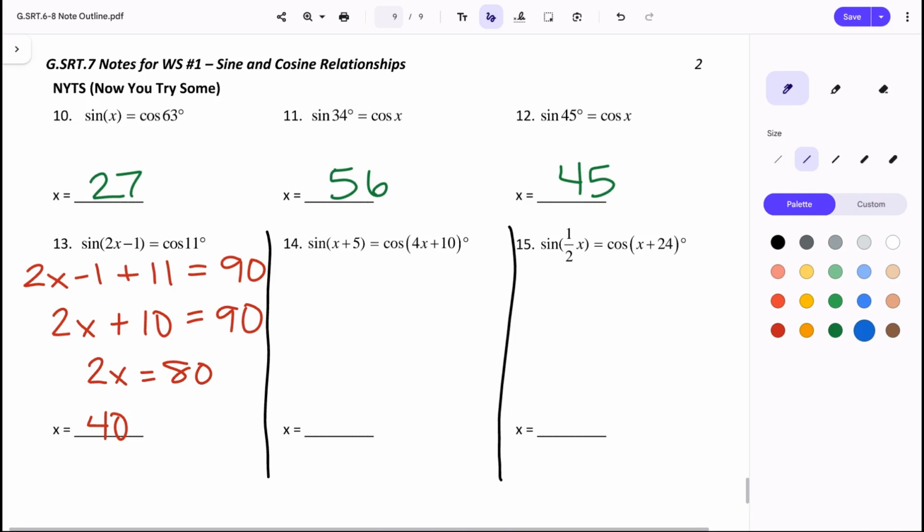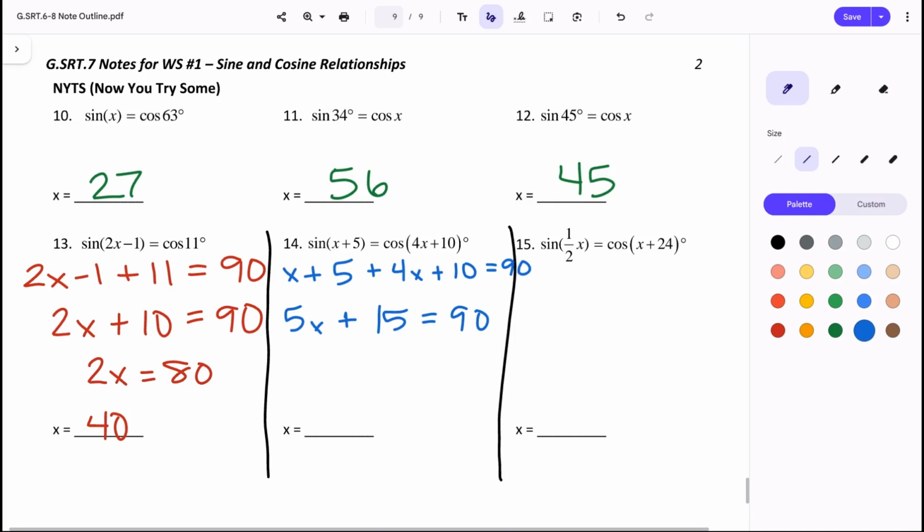If we go to the next one, we would start it out the same way. We would add the pieces together. So x plus 5 plus 4x plus 10 equals 90. I ran out of room there a little bit. Okay, so if we put our like terms together, how many x's do we have? Good, and then the numbers together would be 15. Good, equals 90.